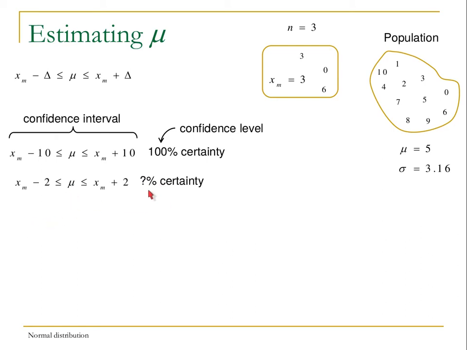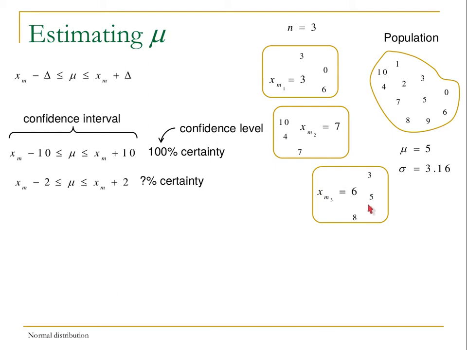Now, how do we compute the certainty, the confidence level, for such a confidence interval? Whenever we take different readings or different samples, we expect the sample means to be different. So here's another sample, and it has a different sample mean, and here's another sample, and it has a different sample mean.